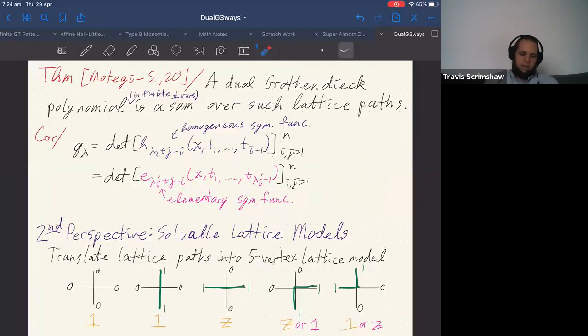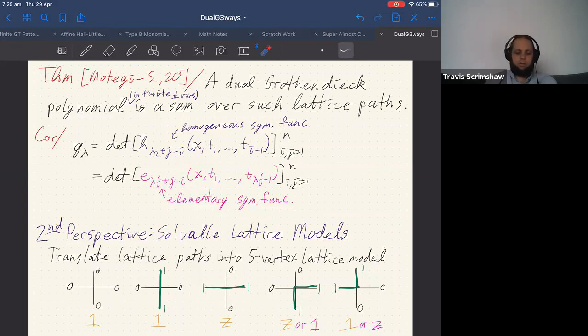And so, yeah, the Lindstrom-Gessel-Viennot lemma is what gives us this condition here. And it's really just a slight modification, because this could be considered a flagged Schur function.